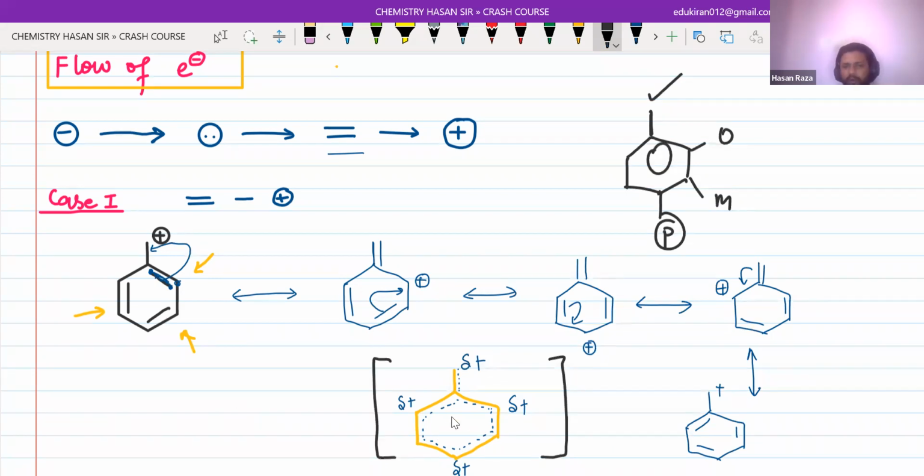Due to this resonance hybrid, we also write the resonance structure of benzene like this. Is that clear? Please do write it if you want to. Can I change the slide? Take your time. If you have any doubt in this, please ask me.